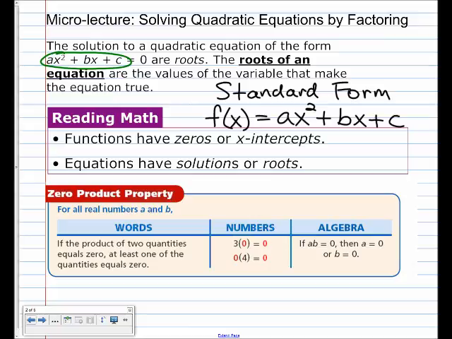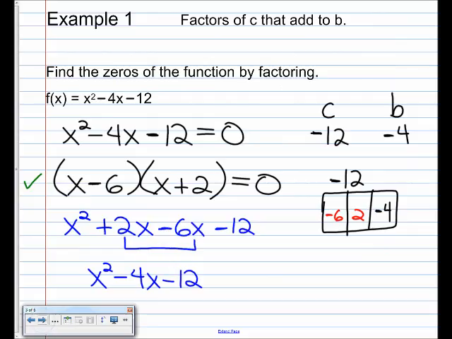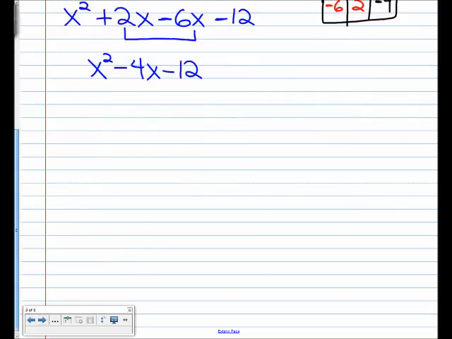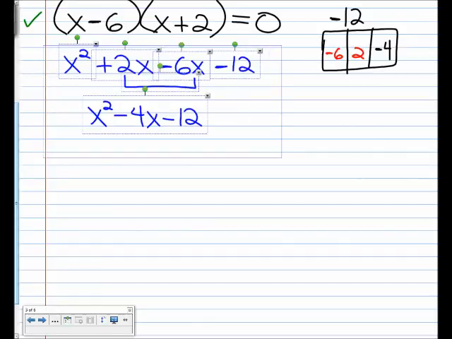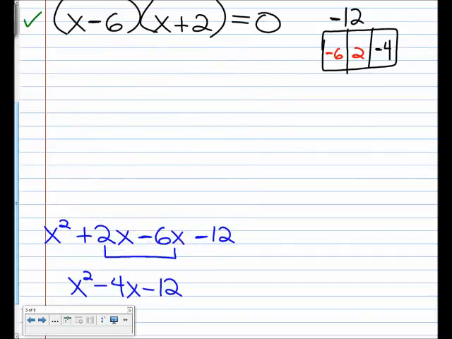What I'm trying to say is that if you have two factors, which is what I have right here, one factor and a second factor, all I need is one of those to be 0, and the whole thing becomes 0. So I'm going to set each of those factors equal to 0. So x minus 6 equals 0, and x plus 2 equals 0.